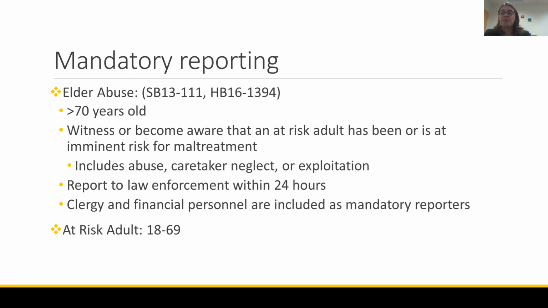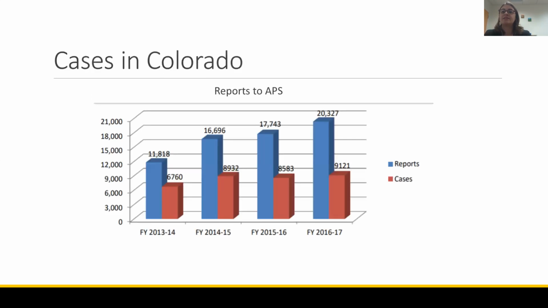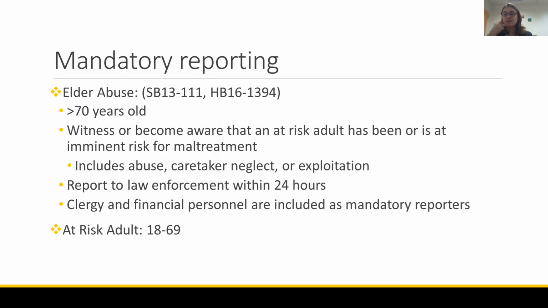So then in mandatory reporting, if you noticed on the last slide, there was an uptick in reports, particularly between 2013 and 2014. And that's because, I apologize, that's when mandatory reporting was implemented in the state of Colorado. And our law is different than a lot of laws. There are mandatory reporting statutes in 49 of the 50 states in the US. New York State is still the only state that does not require mandatory reporting of elder abuse.